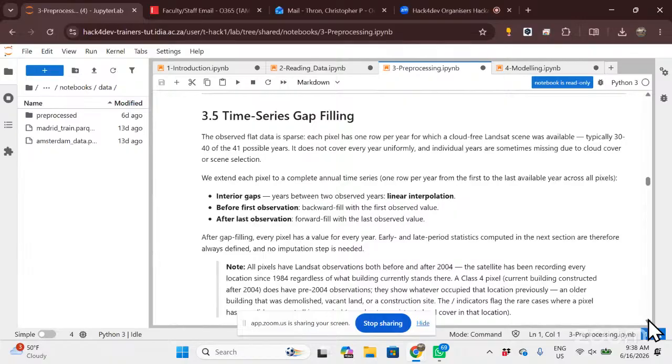And then we fill in missing data. So sometimes, for a given pixel, you may have the data in 1992, and the next data point is in 1996, and we have some missing years. So the missing year's data is filled in using linear interpolation.